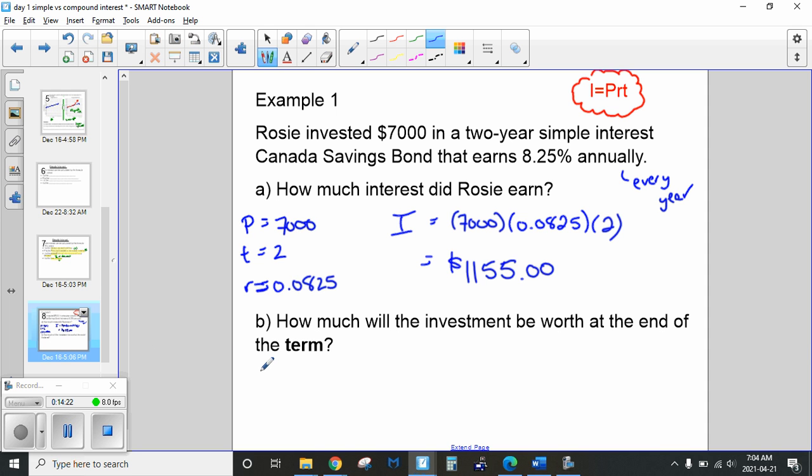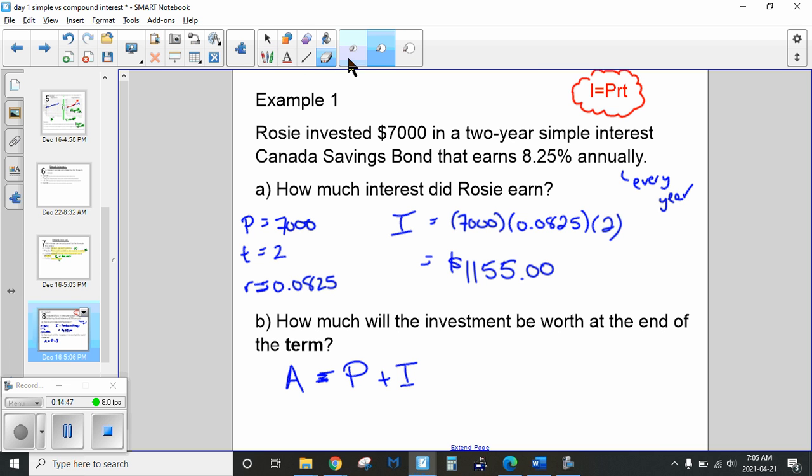Part B of this question says how much is the investment going to be worth at the end of the whole term? So after 2 years, how much money will she have? And this is going to introduce one new equation. Her final amount, A, of money is going to be made up of the principal that she started with and the interest that she's earned.